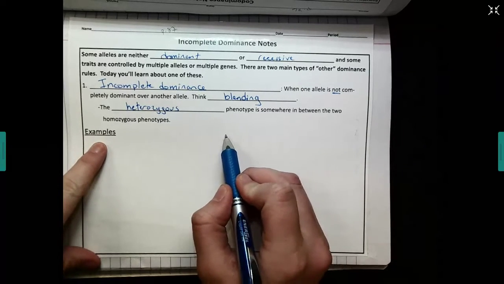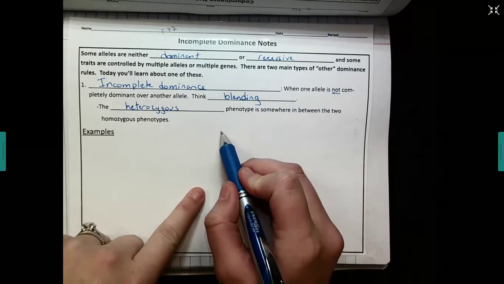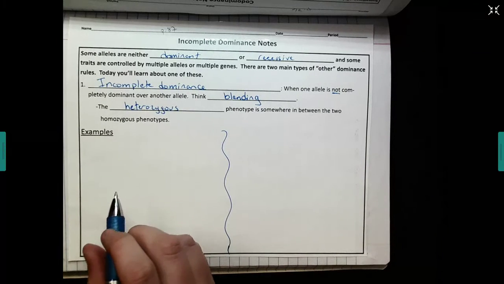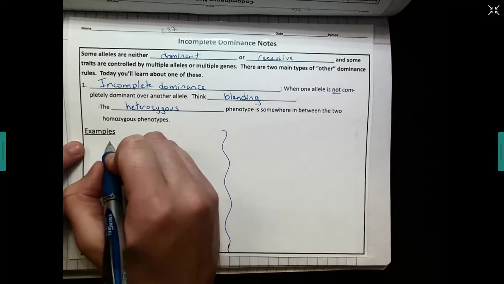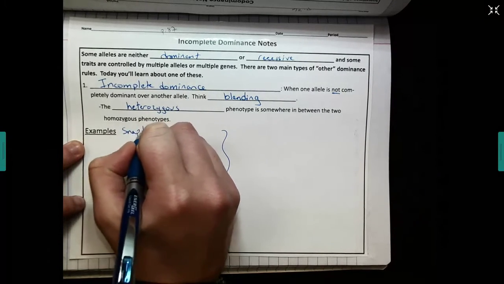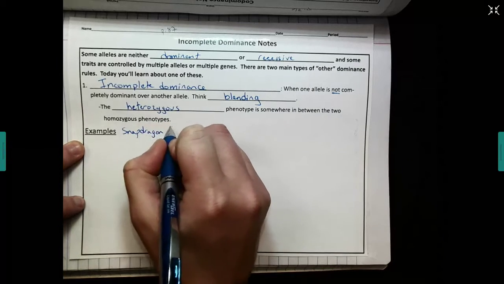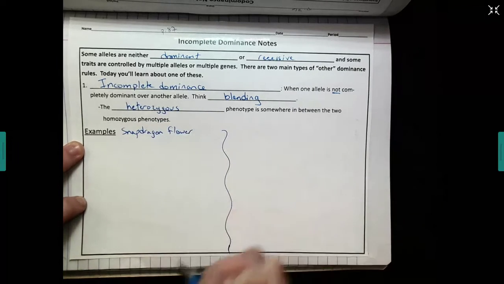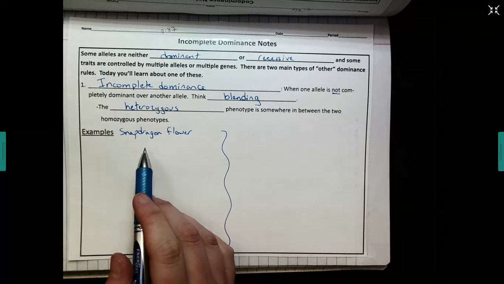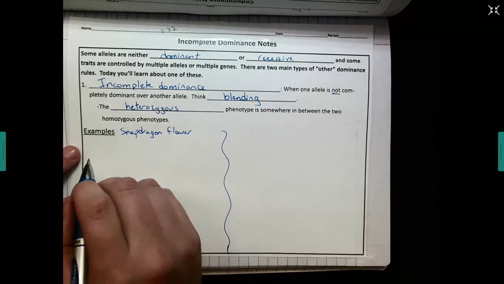I'm just going to split this in half because we're going to do two examples. So imagine you have a flower called a snapdragon flower. In snapdragons, the flower color is incompletely dominant.